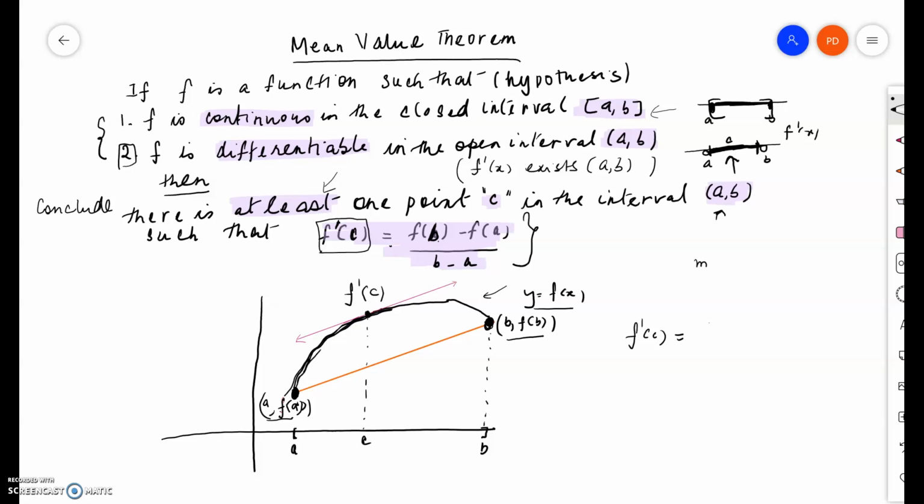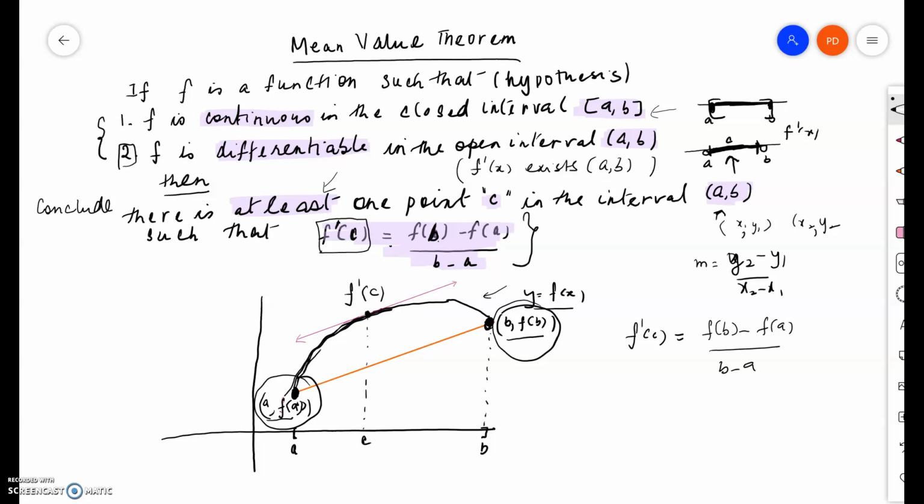So the slope m of the line joining two points (x1, y1) and (x2, y2), we know, is y2 minus y1 divided by x2 minus x1. So the two points here are (a, f of a) and (b, f of b). So that's f of b minus f of a divided by b minus a.